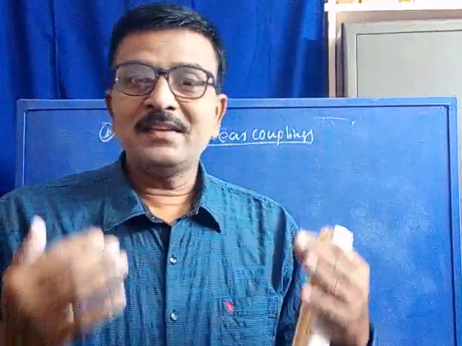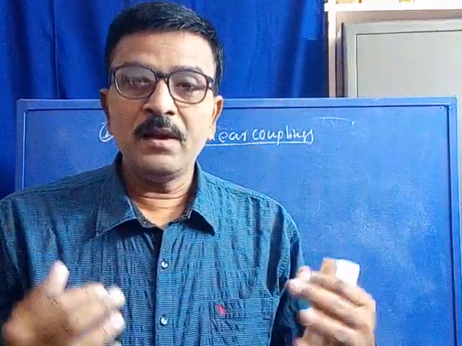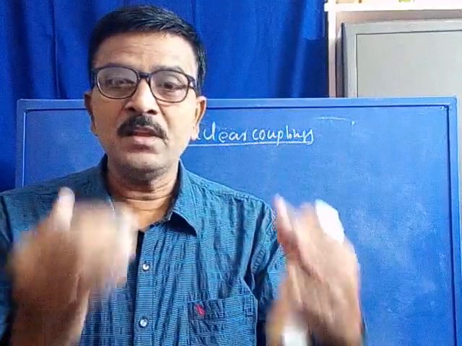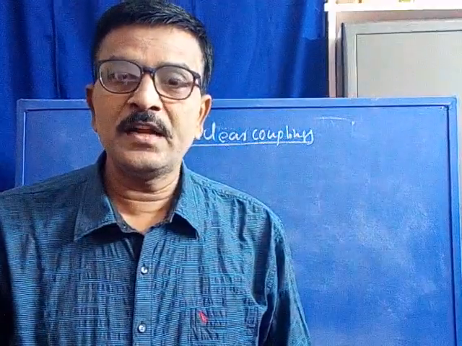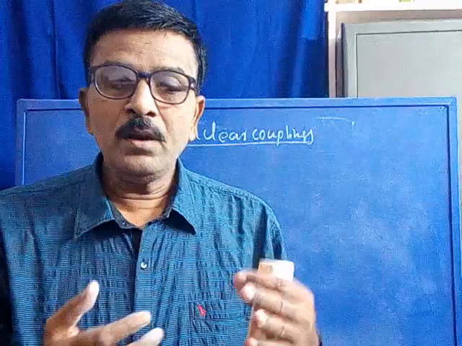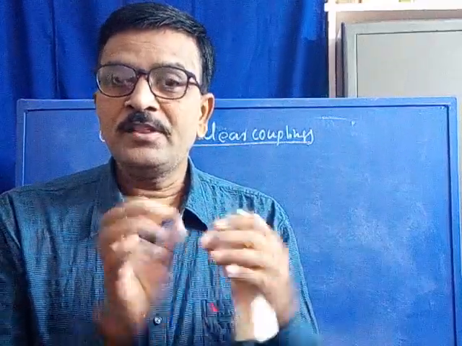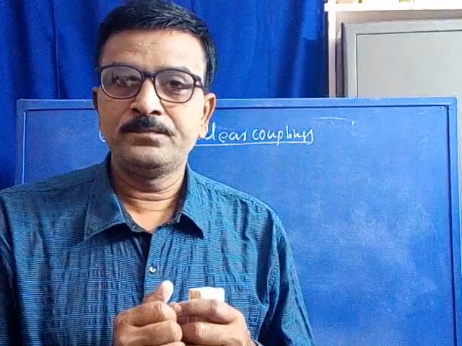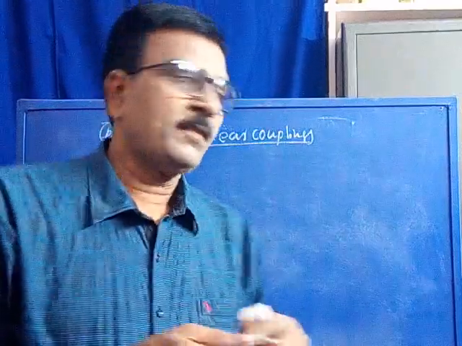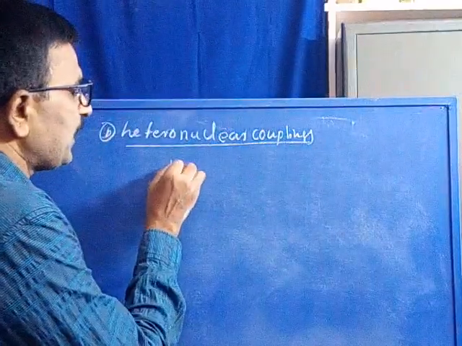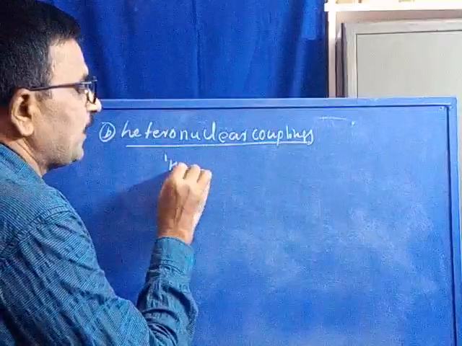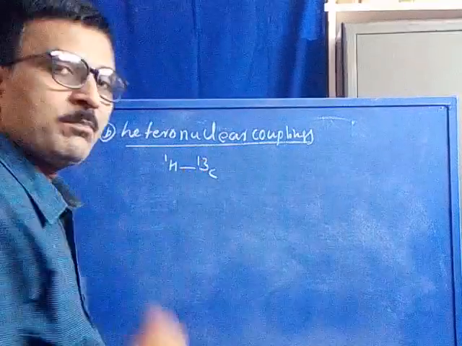A coupling interaction between the nuclei belonging to dissimilar atoms is called heteronuclear coupling. Example, a coupling interaction between nuclei of hydrogen and nuclei of carbon. Heteronuclear.